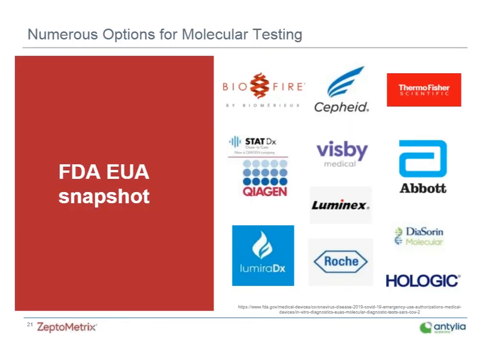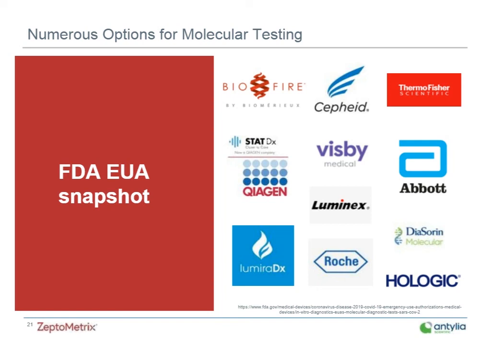So this is just a small snapshot of the handful of test makers out there who have won FDA EUA approval, like we talked about way at the beginning of this talk, for SARS-CoV-2 tests since 2020. And I think with so many choices and each of these options with a different IFU, or instructions for use, it can be really difficult to figure out where to start when looking for quality controls.